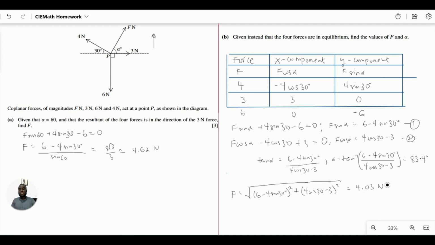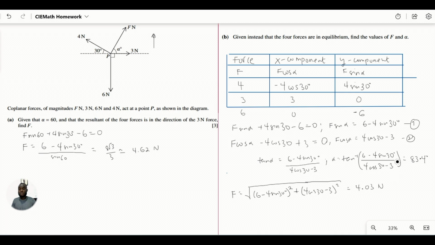Remember, you could have substituted the exact value of alpha into any of these two equations to find f. The reason I don't recommend this is in case you got the value of alpha wrong for some algebraic slip or some error with your calculations, that's going to lead to a wrong value of f.